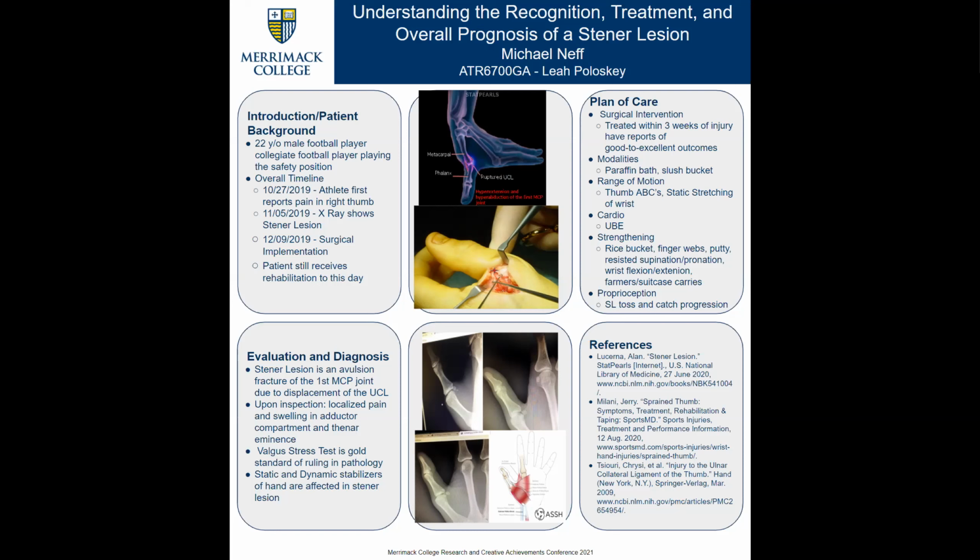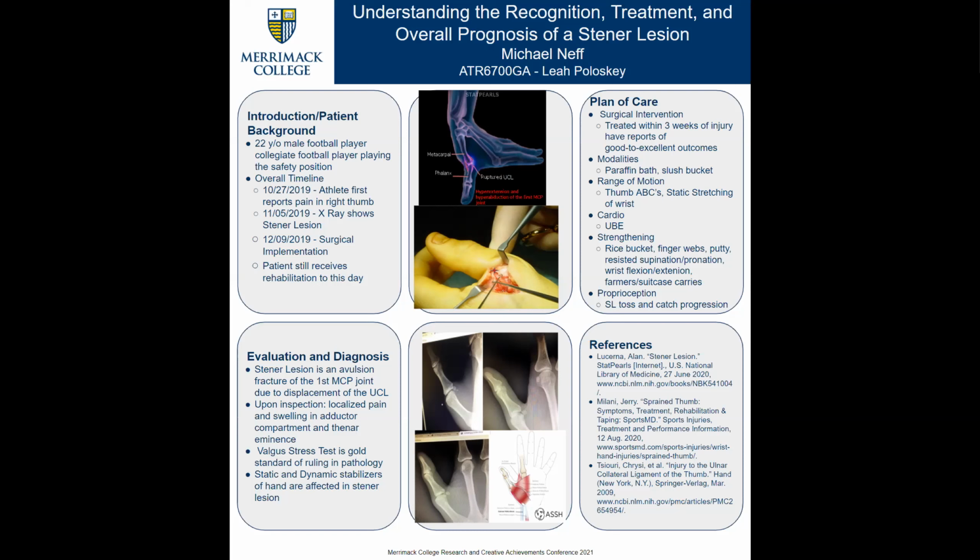There's a lot of anatomy involved when it comes to this injury of a Stener lesion. The MCP joint is a diarthrodial joint, which mainly means that it's involved with flexion and extension with limited abduction and adduction. The static stabilizers that are associated are the volar plate, the dorsal capsule, and the UCL and RCL ligaments.